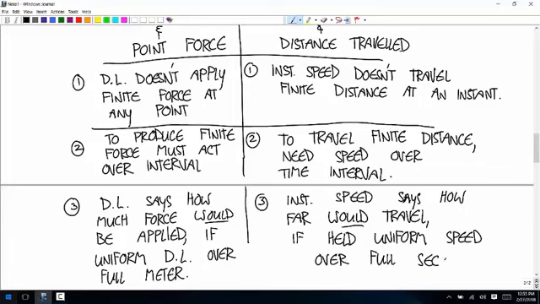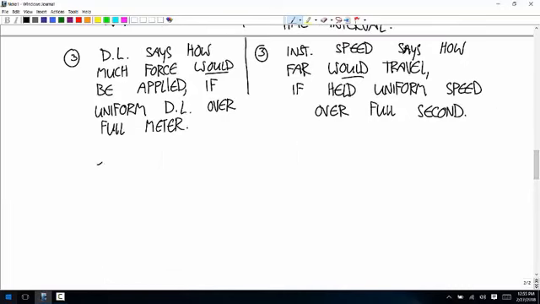Okay, so for example, if you're going 50 miles per hour and you hold that speed for a full hour, you're going to go 50 miles. If you're going 30 meters per second and you hold that for a full second, you'll go 30 meters.